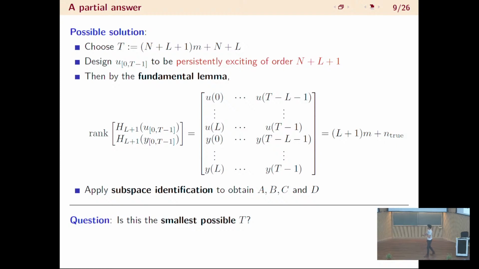And what I mean by best is, is this the smallest number of samples, T, that I can achieve? Necessarily, for you to be persistently exciting of this order, you need this many samples. But are there experiments with fewer samples for which you can still identify the system? That's the question.